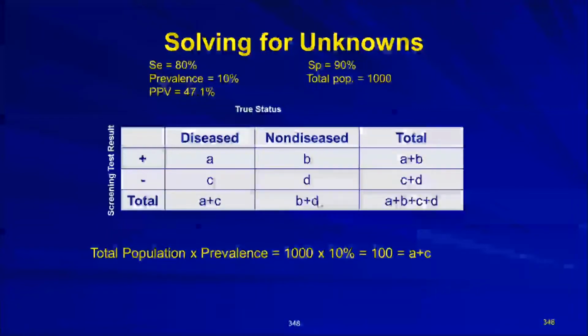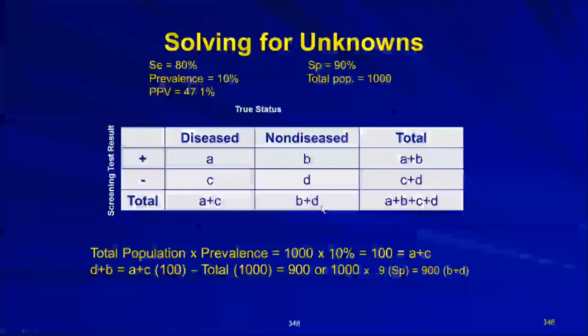Okay, that's done by subtracting 100 from 1,000, right? We're going to subtract 100 from 1,000, and that's going to be 900. So our totals are 100, 900, and 1,000.